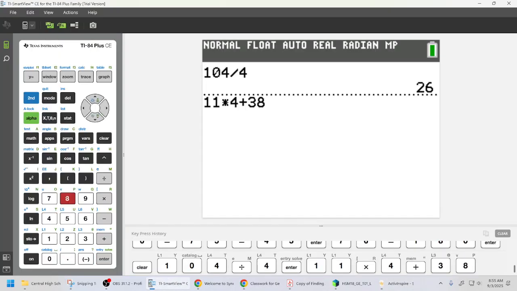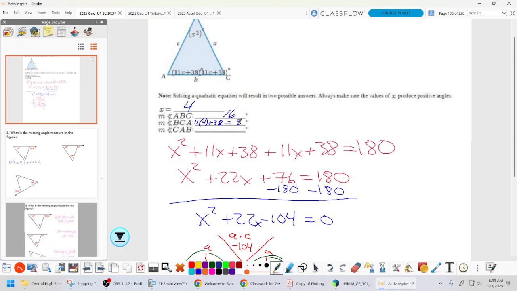By the way, you hopefully are noticing if you don't have a calculator on Friday, you will most likely fail this test. 82. Okay? Why didn't I plug it in on CAB? Like, why didn't I rewrite that out? You see how it's the same thing? I don't need to do it twice, right? Now, if it had a different expression, obviously you would. Okay, that's a pretty typical triangle problem.